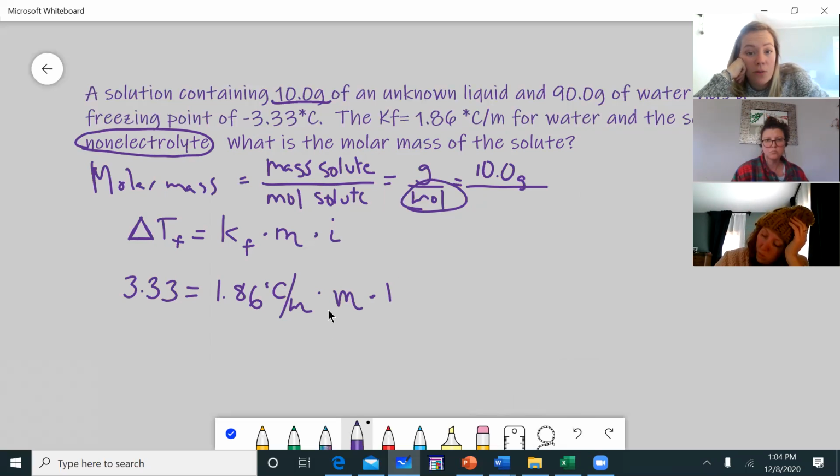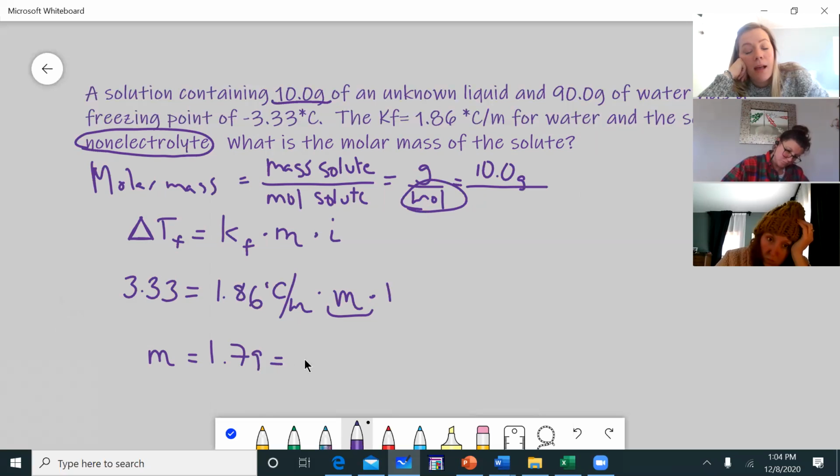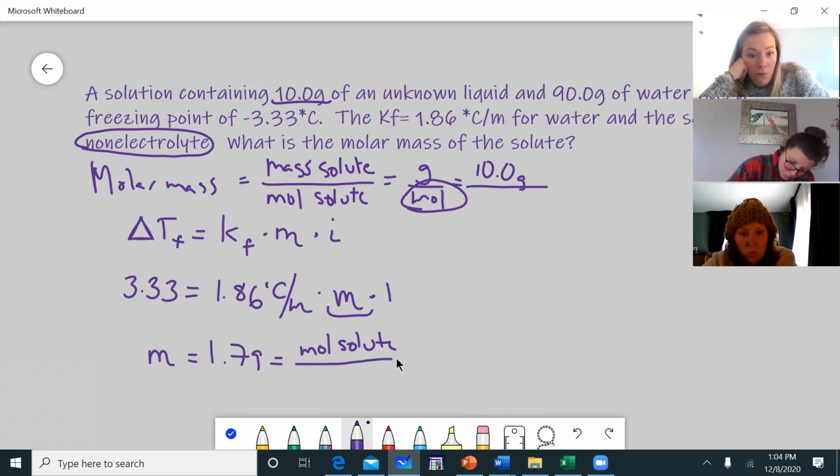So we need to solve for molality because molality is the only thing in here that remotely gets close to moles. So I can rearrange and figure out that molality in this case is 1.79. And remember, molality is equal to moles of solute over our kilograms of solution, or sorry, kilograms of solvent.